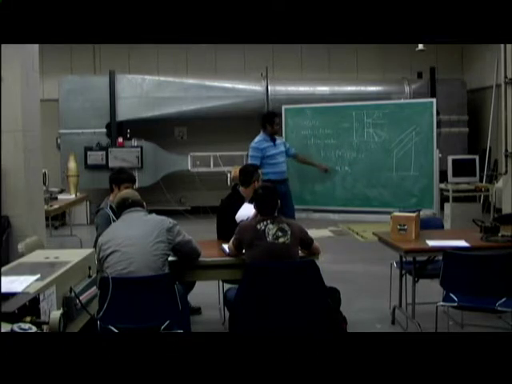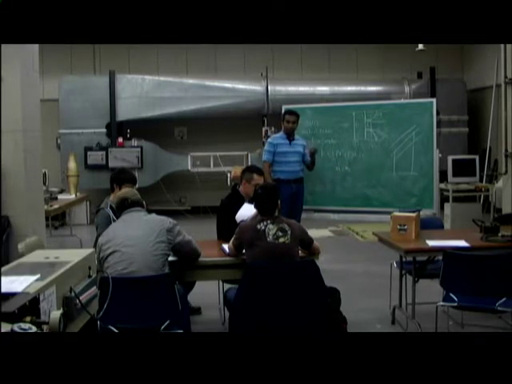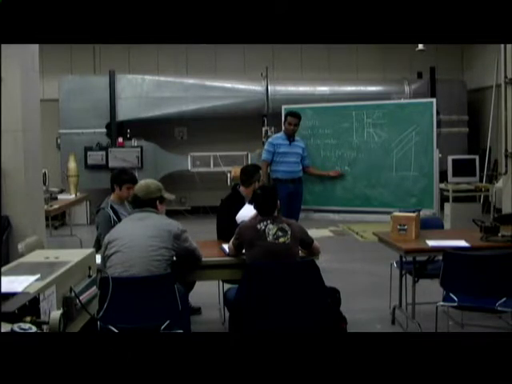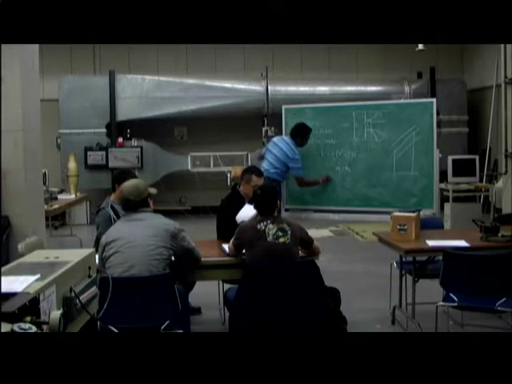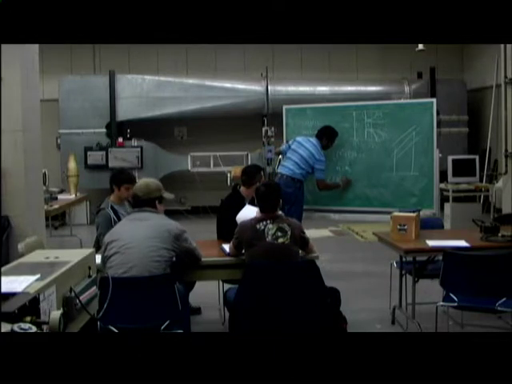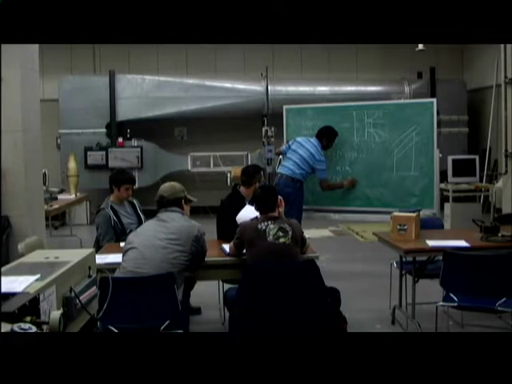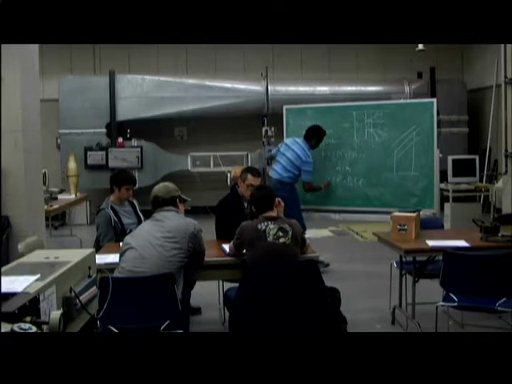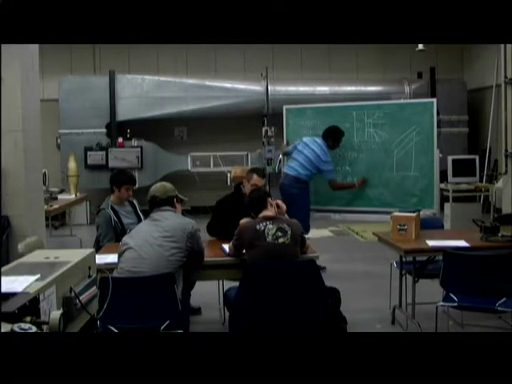So if you express the mass flow in terms of velocity and area, what should that be? Yes, you have rho 1 pi over 4 d1 squared V1 is equal to rho 2 pi over 4 d2 squared V2.